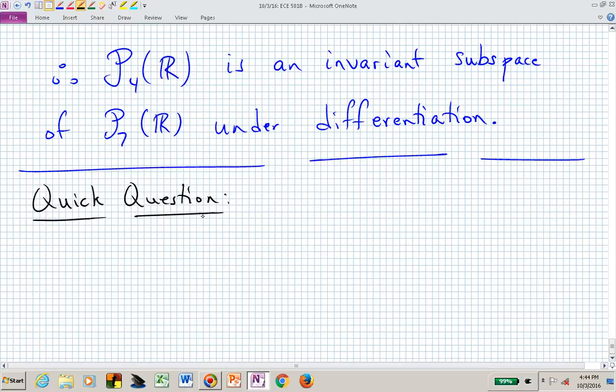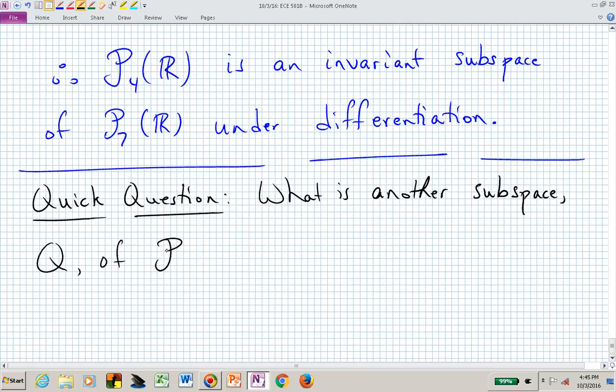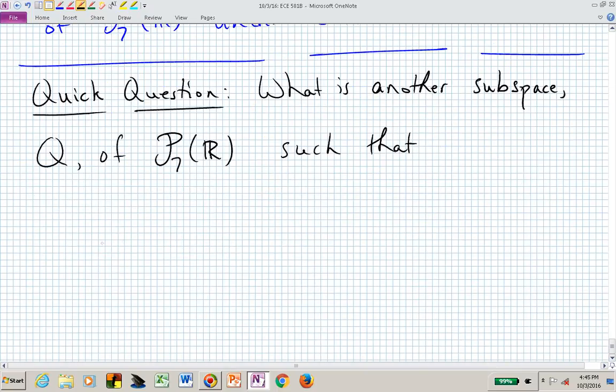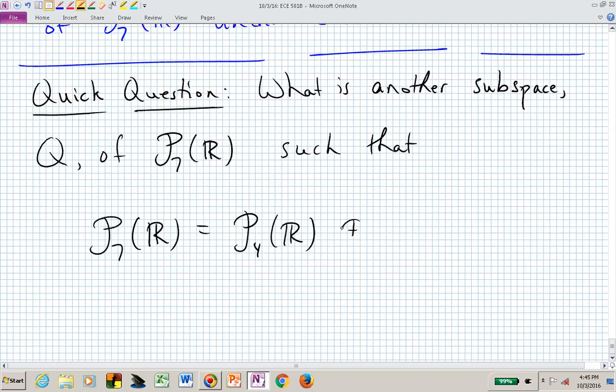What if we take a little bit of an aside? What is another subspace, let's call it Q, of this vector space P7 such that P7 over the field of reals is equal to P4 over the reals direct summed with Q?